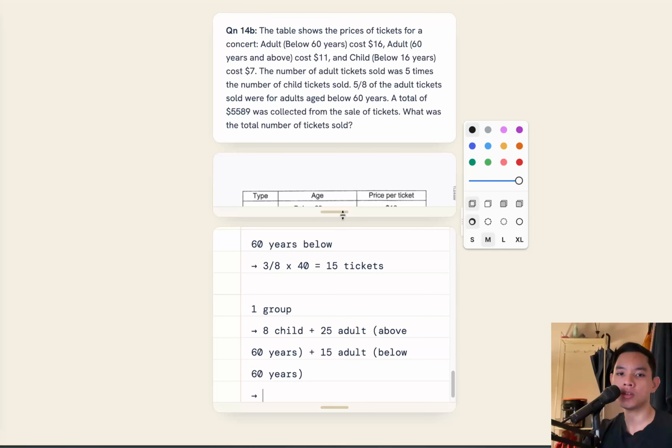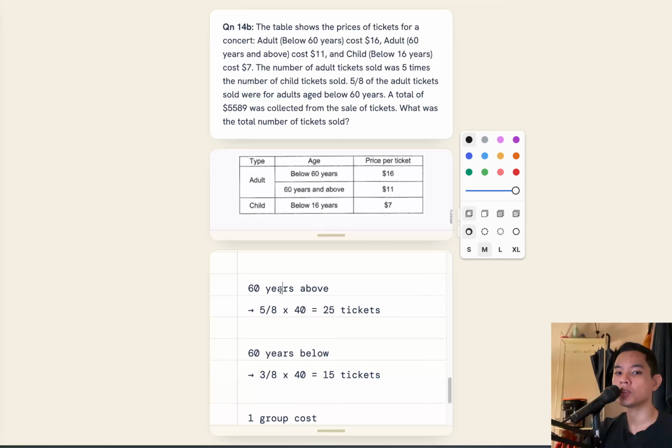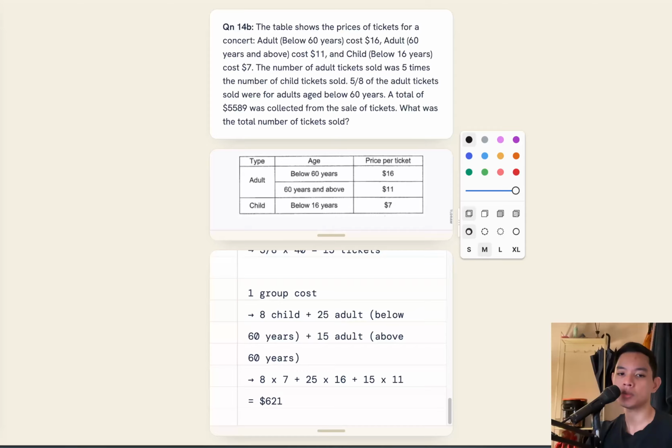Means we can just calculate from here. So 8 times 7 plus 25 times 11 plus 15 times 16. Sorry, this one should be below. This one should be above. So it's 25 times 16 and 15 times 11. So this will be a total of $621.